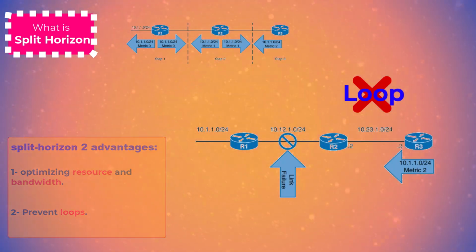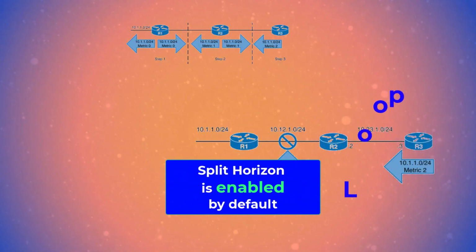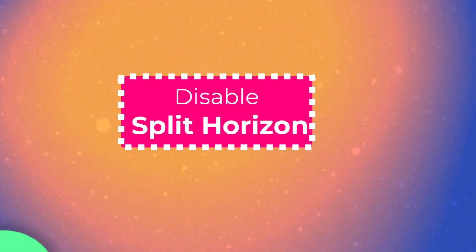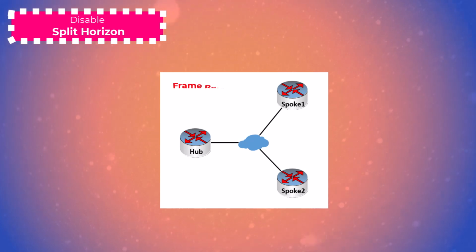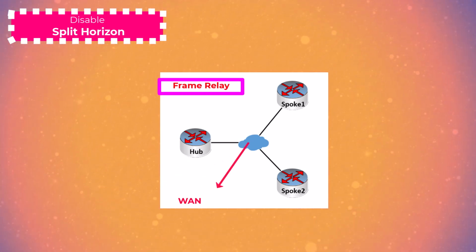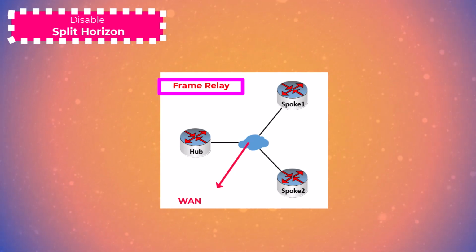Good news, split horizon in EIGRP is enabled by default, so there's no need to enable it. But in some situations, you need to disable split horizon, for example, in frame relay topologies. If you don't disable split horizon, EIGRP cannot advertise the networks behind devices.